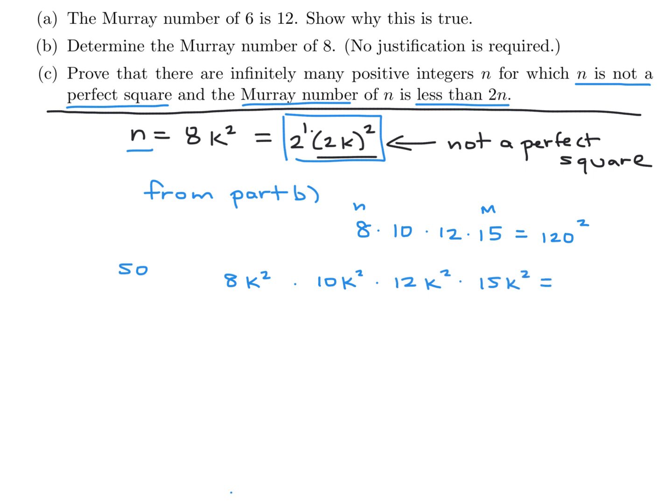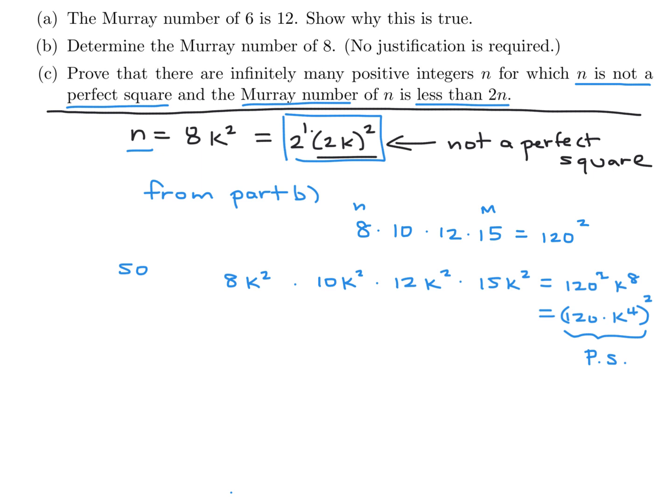And then this basically becomes 120 squared times k to the power of 8, I believe, which is 120 times k to the power of 4 all squared. And this is indeed a perfect square.